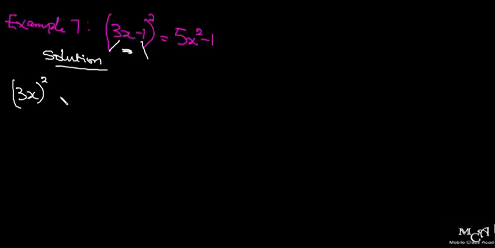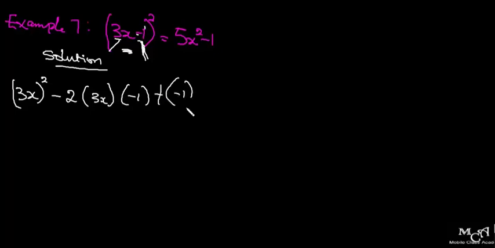Because of the minus in the bracket, we introduce minus twice the product of first term and second term, that is twice 3x and minus 1. Then we square our second term, this minus 1. So we are going to have plus bracket of minus 1 squared equals 5x squared minus 1.